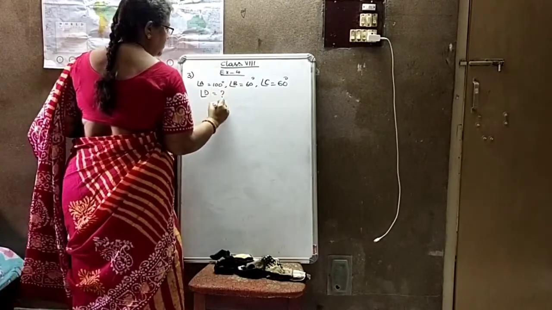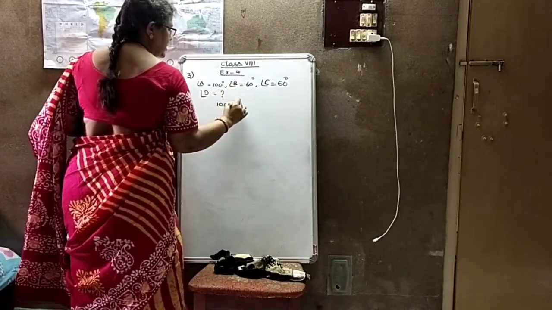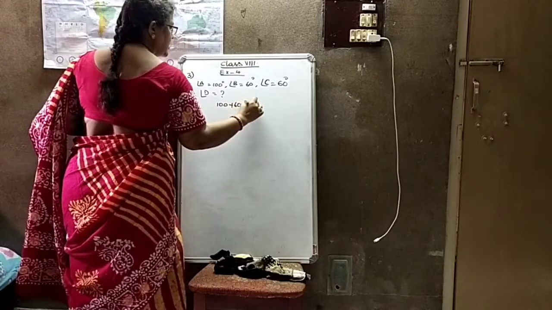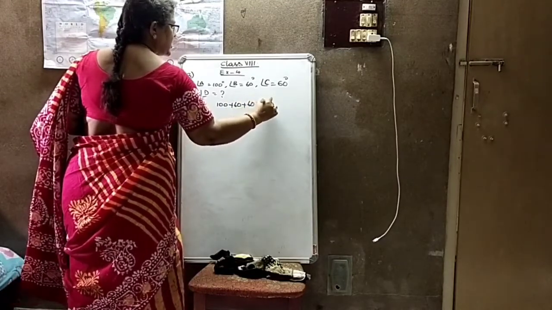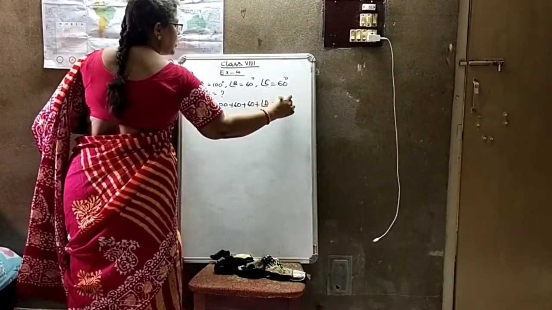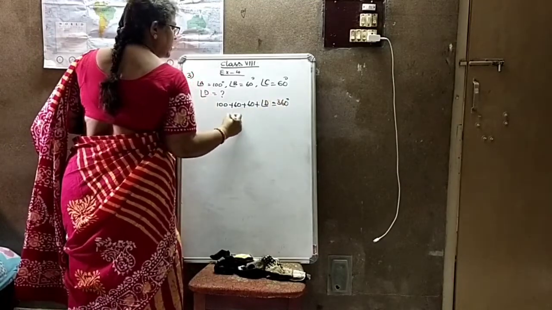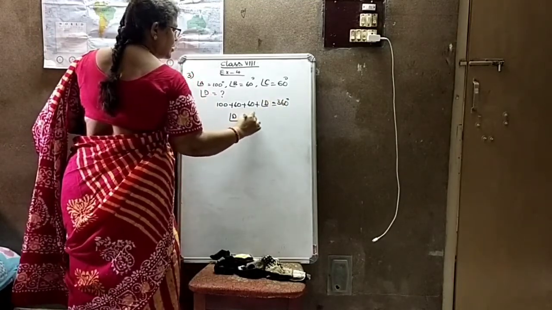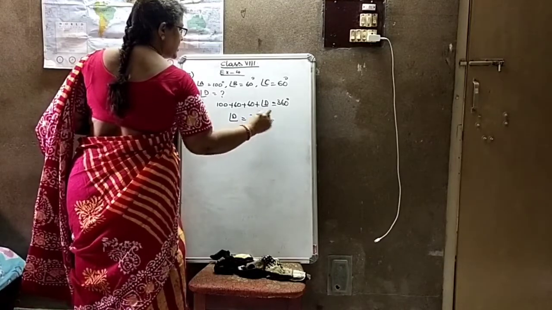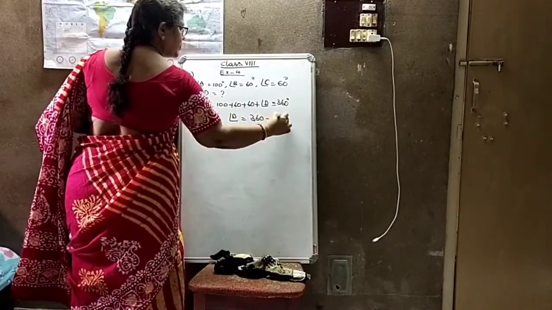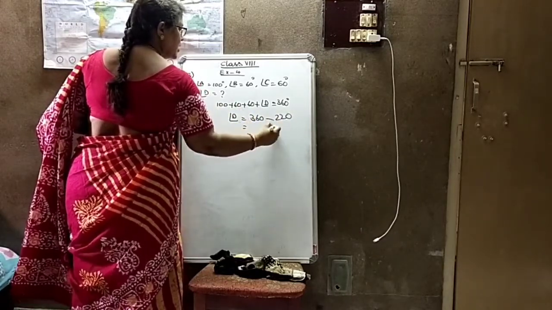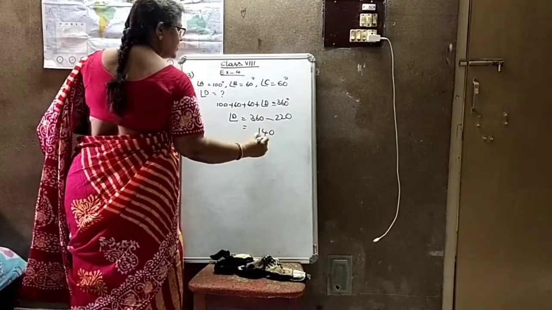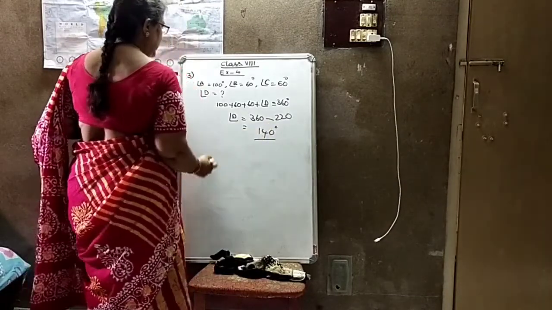Simple question here. 100 plus 60 plus 60 plus angle D is equal to 360. I am not telling complete steps now because you should only know the process. 360 minus 220, 140 degrees is the angle D.